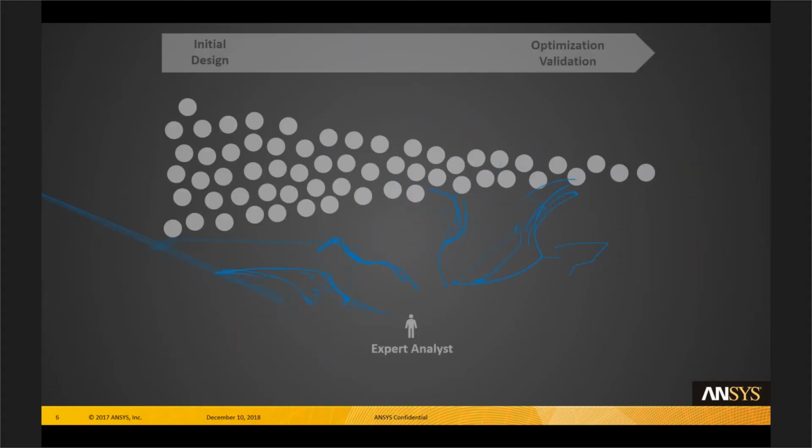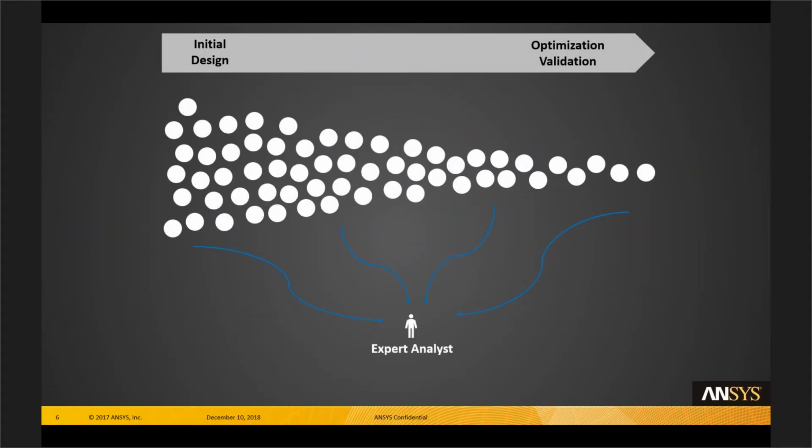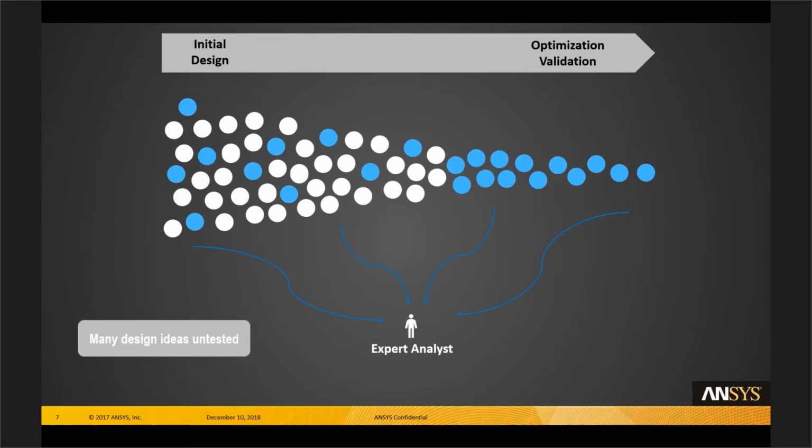Now, look at this another way. Let's say you have your typical product development process where you're going from left initial design to the right for an optimized and validated final model. Each of these circles represents a design idea, and today, companies rely on a single expert analyst or maybe an outside consultant to evaluate all these design ideas. But this poor analyst only has so much time in the day, which means that many design ideas go untested.